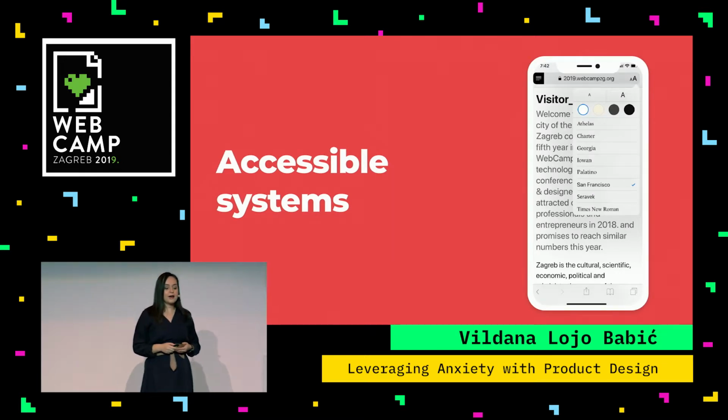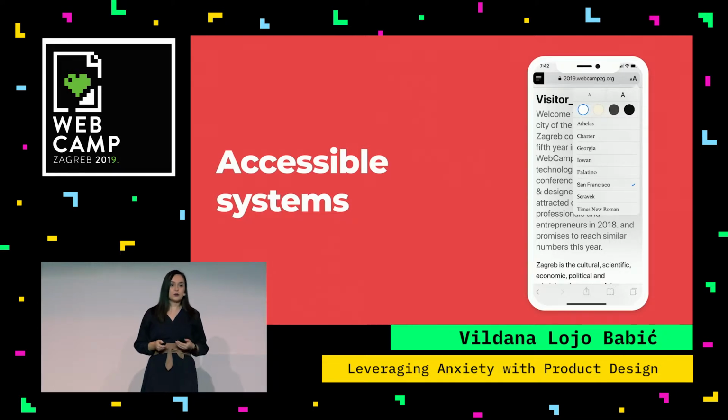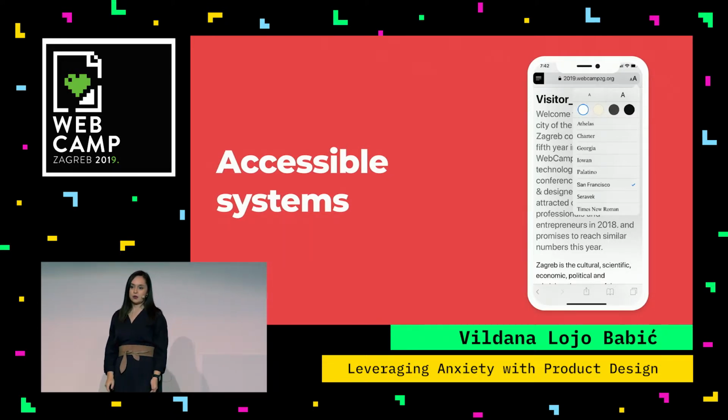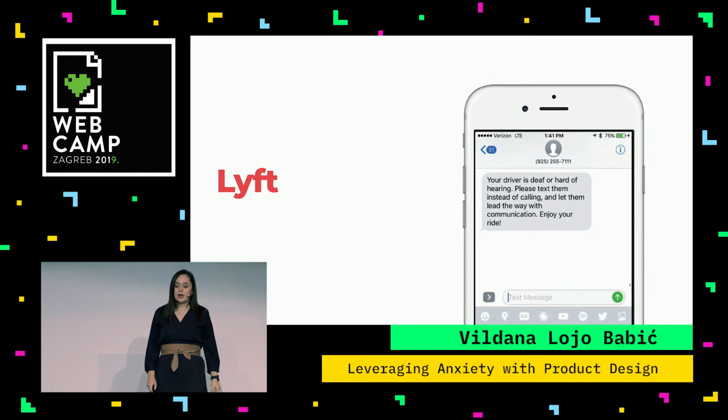And of course, we have different accessible systems and web browsers, which enable users to adapt to different font sizes, to read or use the keyboard for navigation, or use text-to-speech recognition. And to me, maybe one of the most interesting examples of building for inclusivity and accessibility is Lyft.